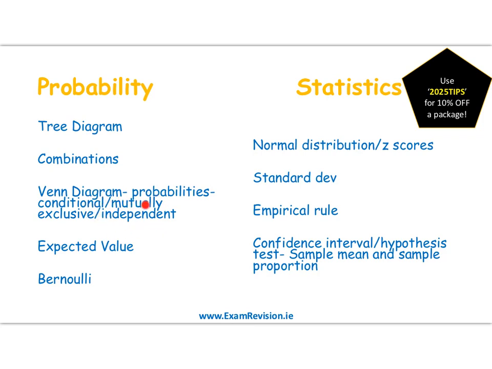Make sure you're going back over all of those formulae, and you know how to prove if something is mutually exclusive or if something is an independent event. So just go back over those. They do tend to feature nearly every year in some capacity, so it's really important that you do know how to apply those formulae. Expected value is also something that comes up very frequently, and also Bernoulli trials.